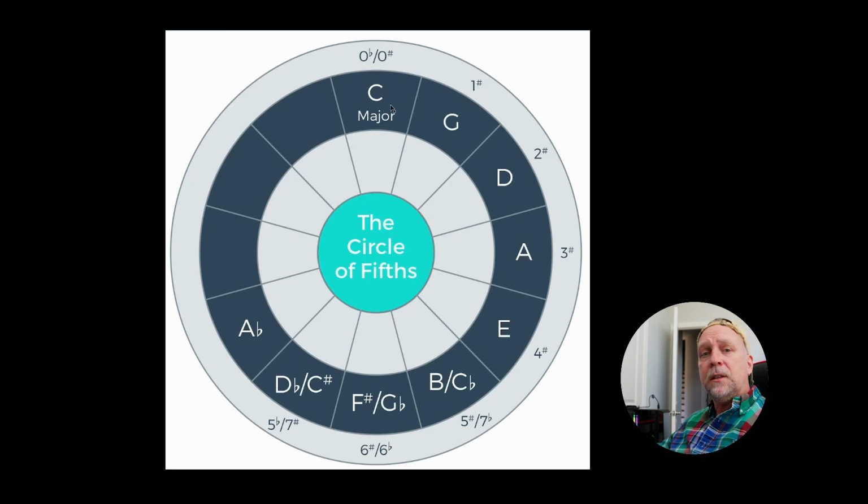Well, what the hell is the fifth below C? Well, this is how we're going to cheat and figure this out. Starting at C major, we are going to count to the left, moving left. We're going to count to the fourth degree. So we're going to go C, D, E, F. And when you count to the fourth degree, there's your F.